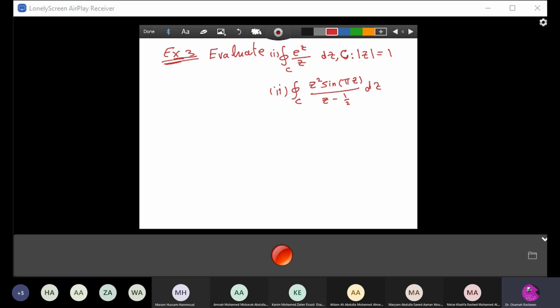Yes, I have to know the contour. C is also absolute value of z equal to 1, right?